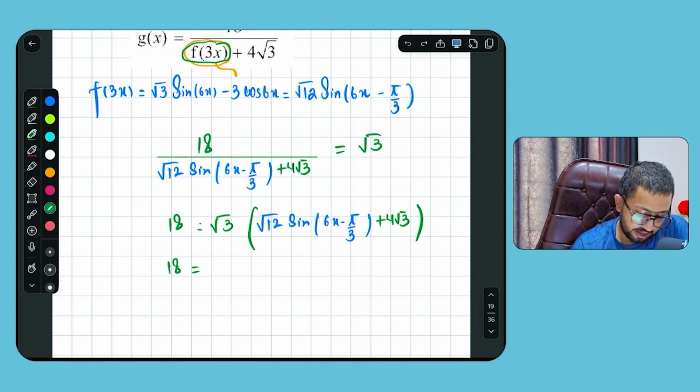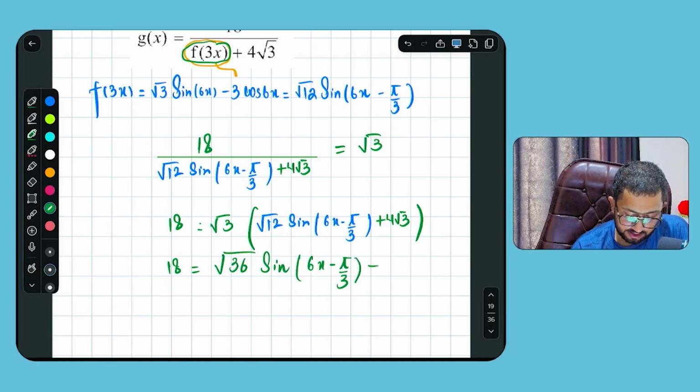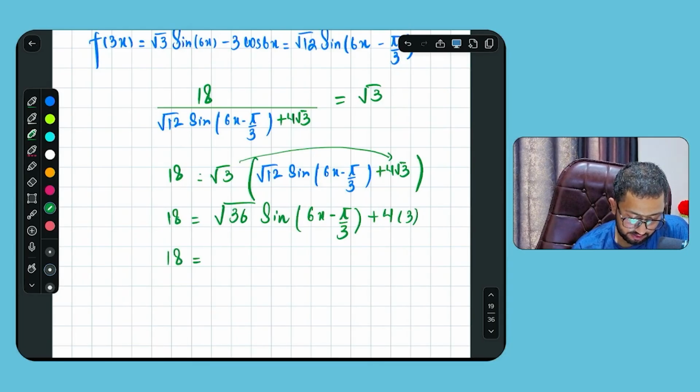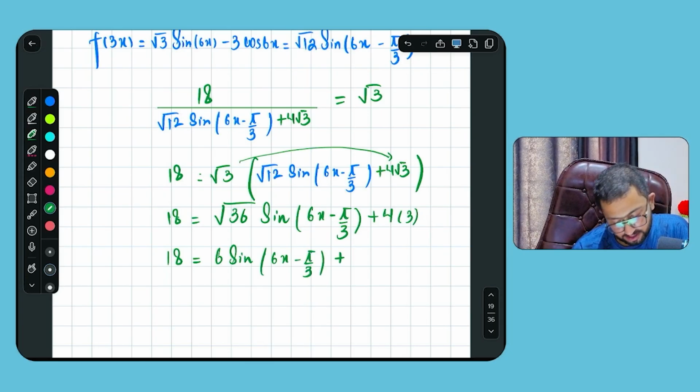Square root 3 will multiply with square root 12, so it will become 4, 12, 3 is 36. Now simplify with me. Square root 3 is also multiplied with square root 3, so 4 times 3. Square root 36 is 6, minus pi by 3, plus 4 3s are 12.